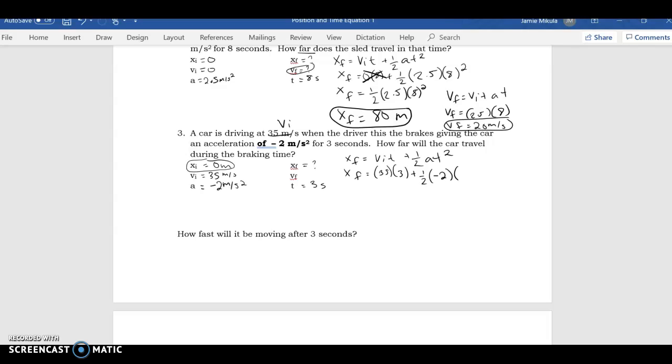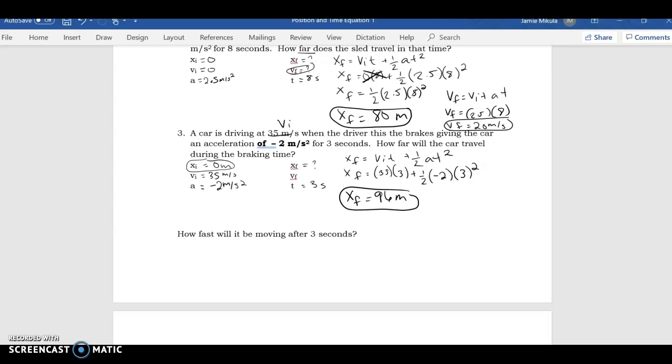Negative 2 is your acceleration. 3 seconds and squared. So I'm going to say 35 times 3 plus 0.5 times negative 2 times 3 all squared is 96. So XF equals 96 meters.